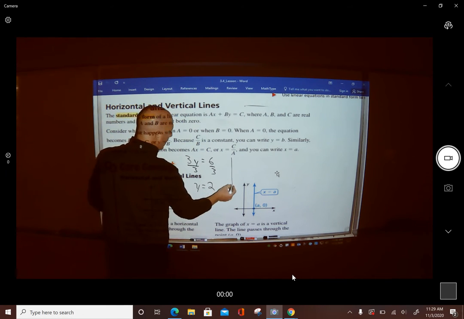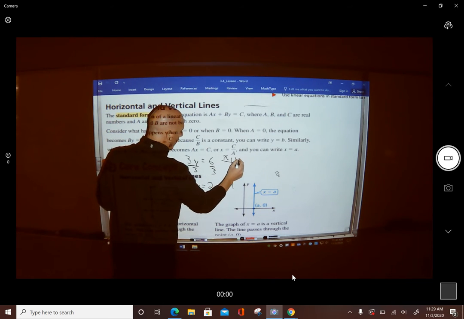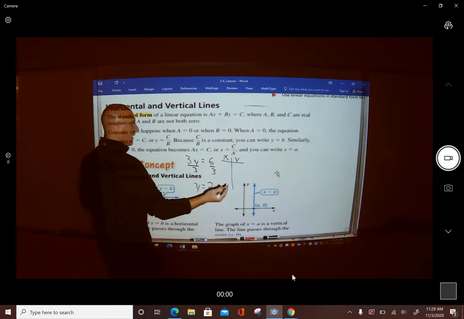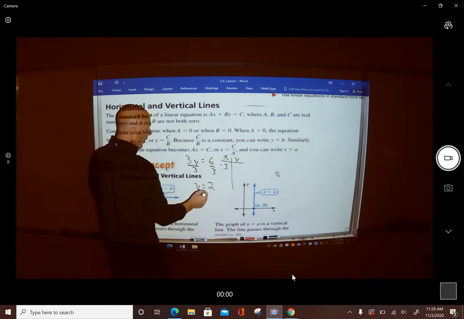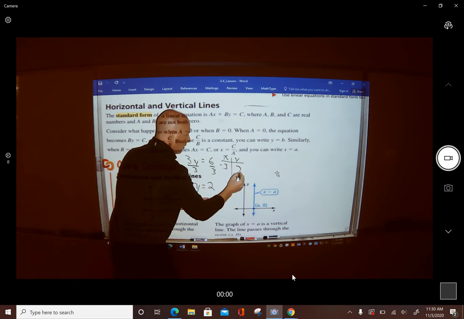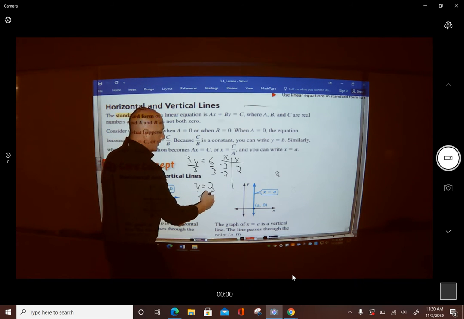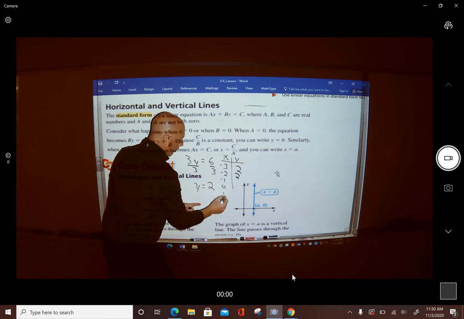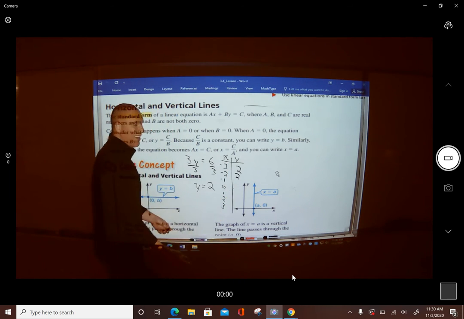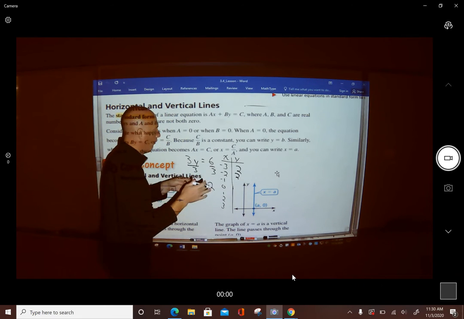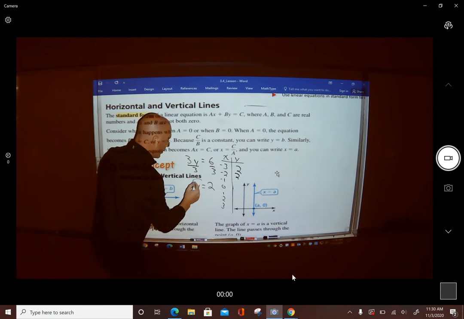So if I was going to do a table, I would do an xy table. What if x is negative 3? Well, y is 2. What if x is negative 2? All I know is y is 2. If x is negative 1, 0, 1, 2, 3, any number you can think of, what's the only thing I know for sure, according to our equation?